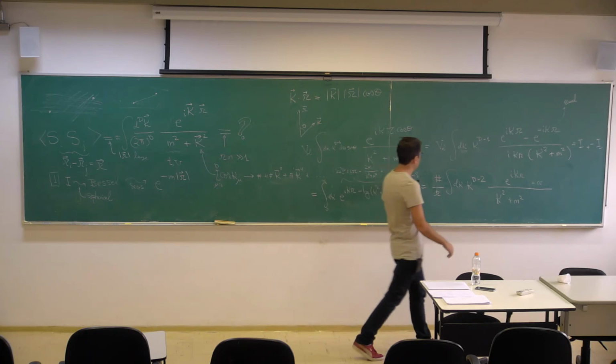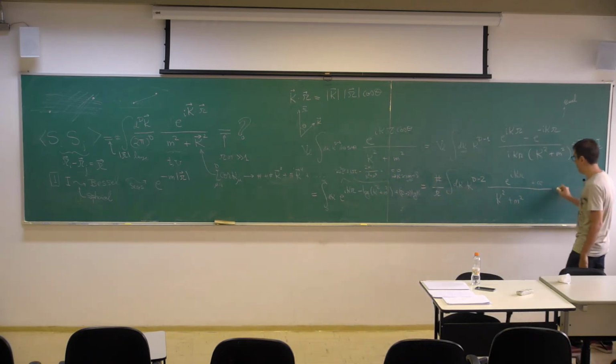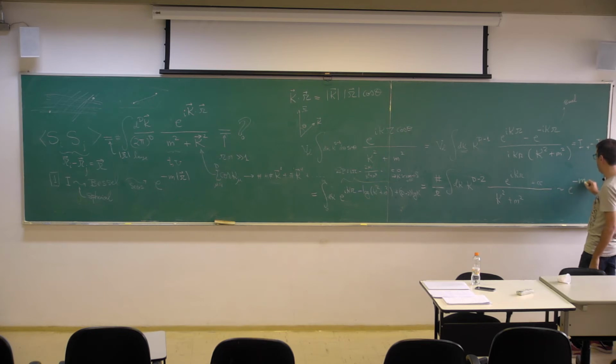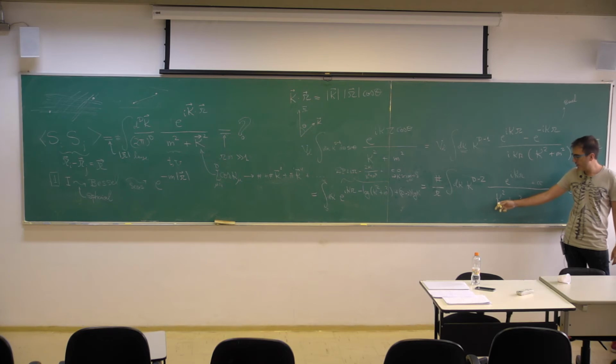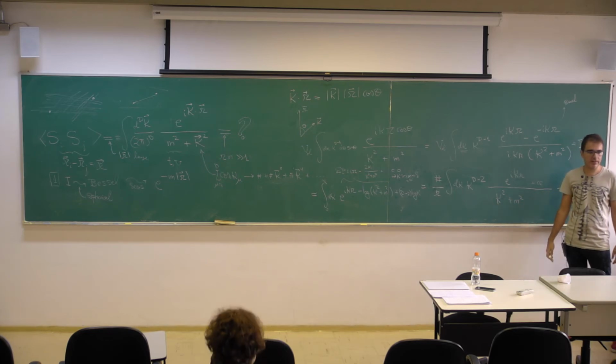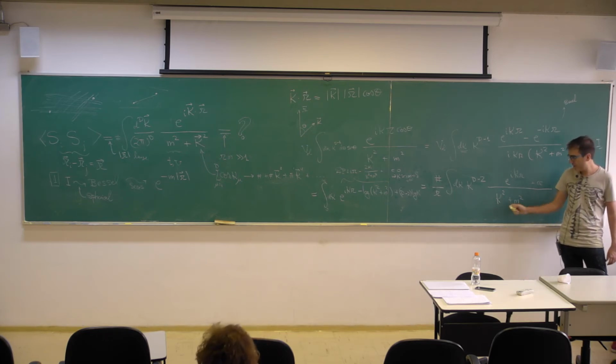And if k is i times m, then this integral is proportional to e to the minus m r, because that's the value of k that is the singularity. You should have guessed it, because it's always like this: large radius behavior is dominated by the first singularity in the complex plane in Fourier space. And the first singularity is k equal to i m.